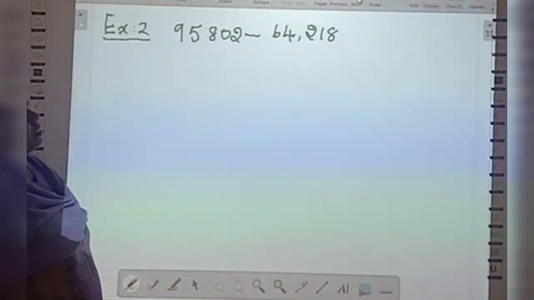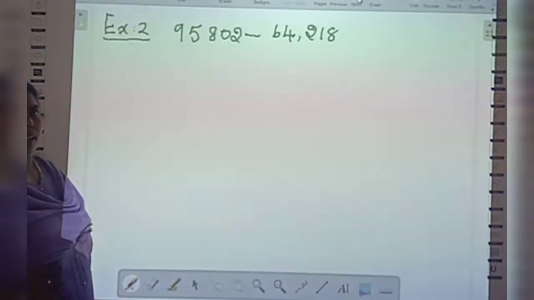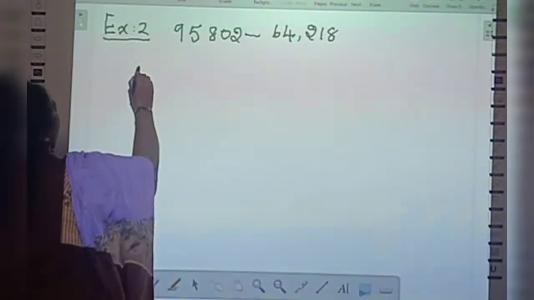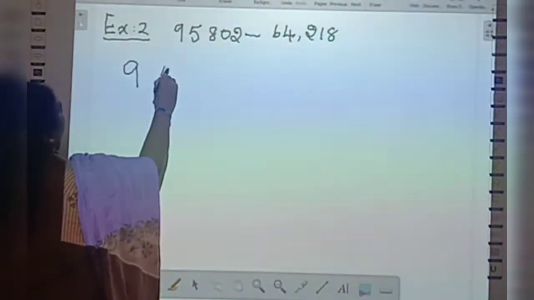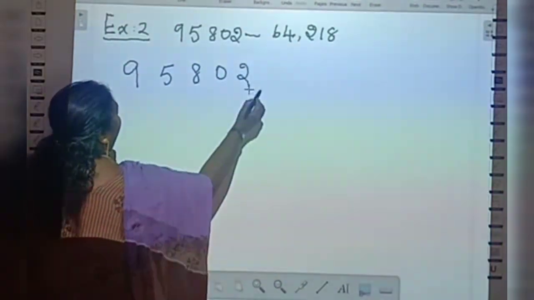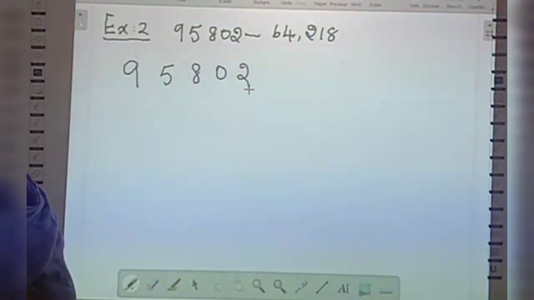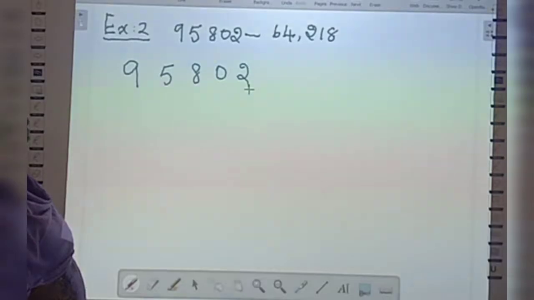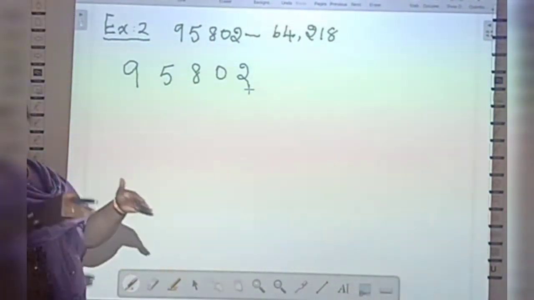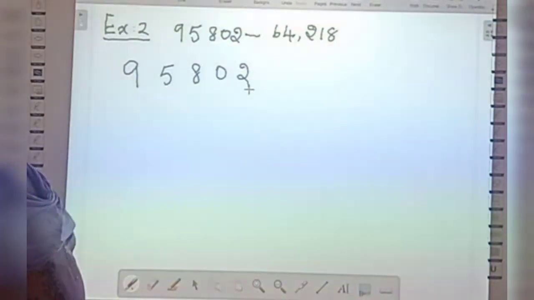95,802 minus 64,218. First, 95,802. This is the actual value. Estimated value nearest 1,000. Nearest 1,000 means 5,802. 5,802 is closer to 5,000 or 6,000.